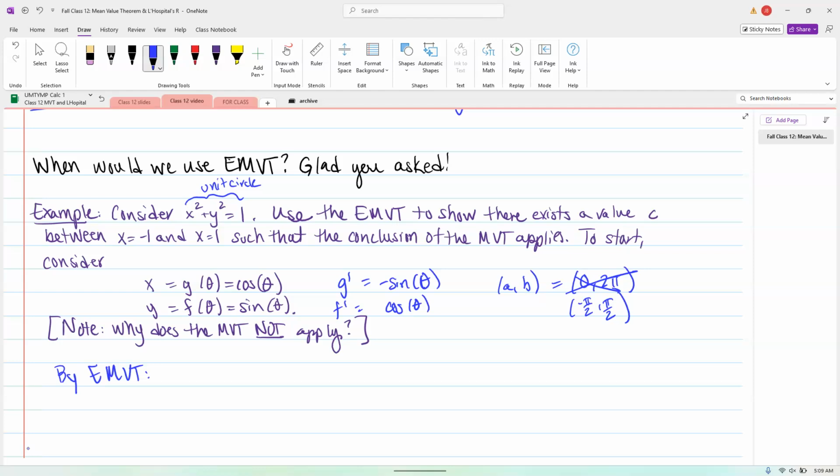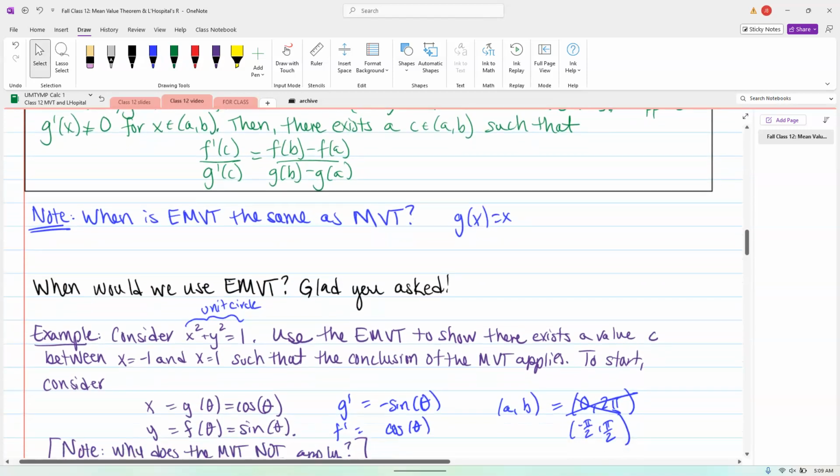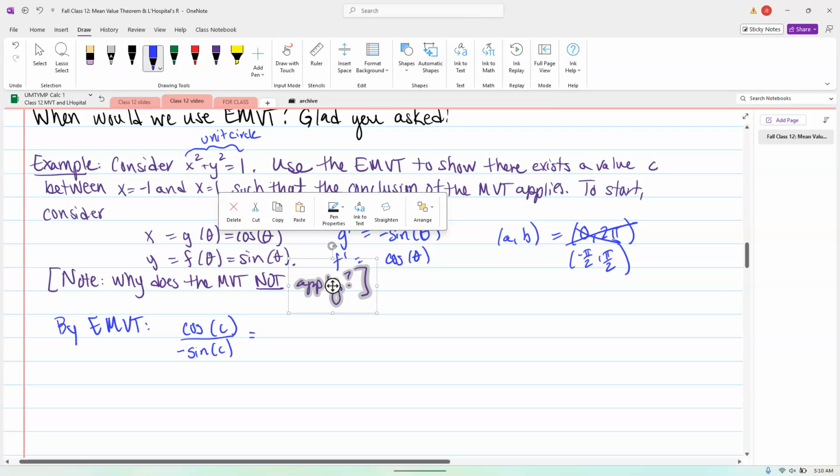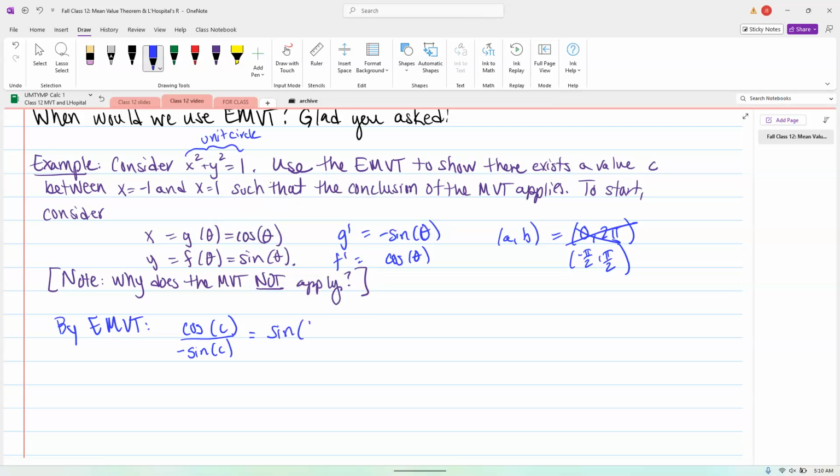I get f prime at c over g prime at c, so cosine of c over negative sine of c, equal to f of b minus f of a over g of b minus g of a: sine of pi over 2 minus sine of negative pi over 2, all over cosine of pi over 2 minus cosine of negative pi over 2.